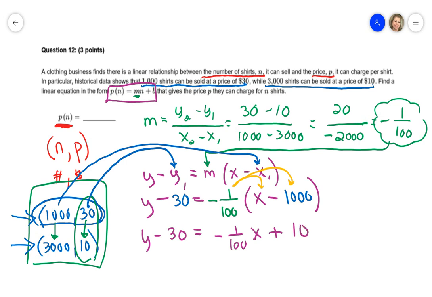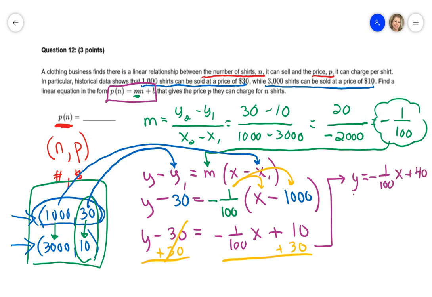And now all I need to do to solve for y is add 30 to both sides. That way it cancels out, and I'm left with y equals negative 1 over 100x plus 40.